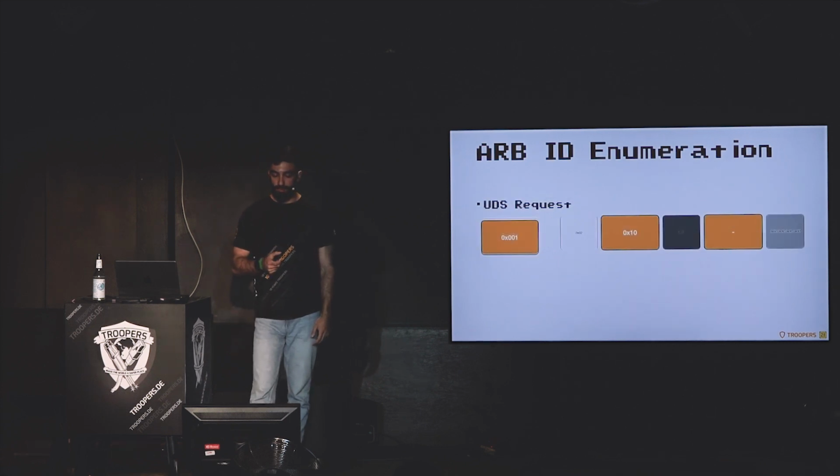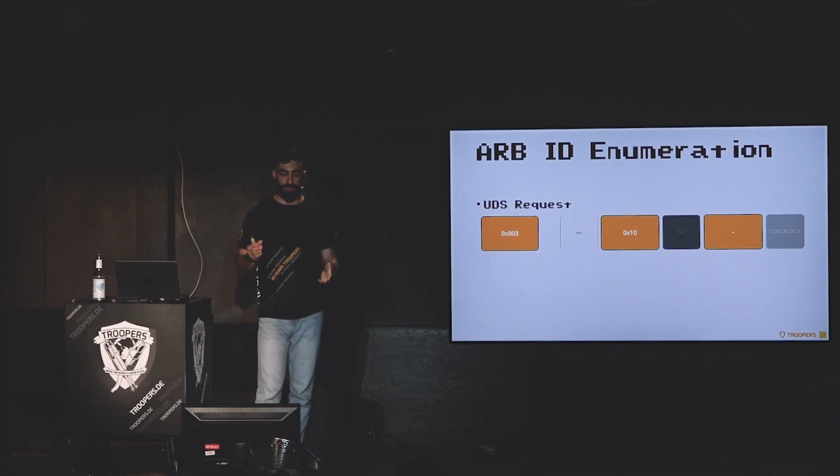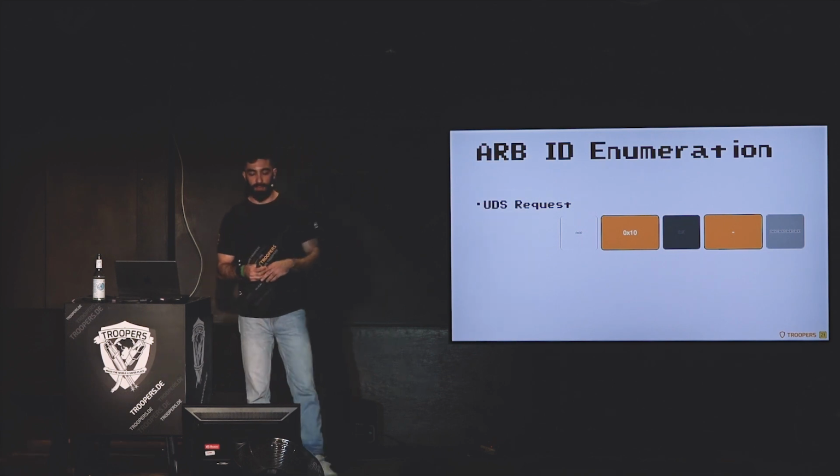For the arbitrary ID enumeration, basically we are iterating through all the arbitrary IDs. This is an example of the 11-bit arbitrary IDs that goes from 0 to 7FF in hexadecimal format.